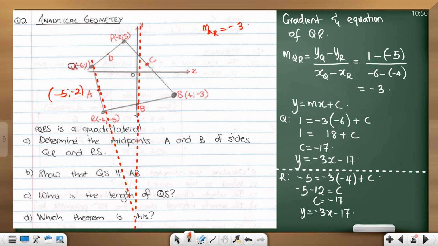Are we okay there? Now, a quick question here. What if I didn't have this value? The examiner says it is T. How would you get the value of T?